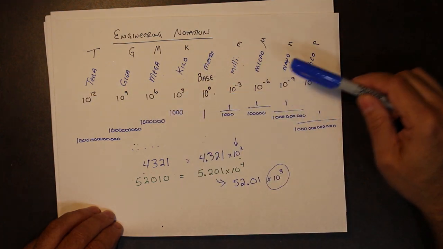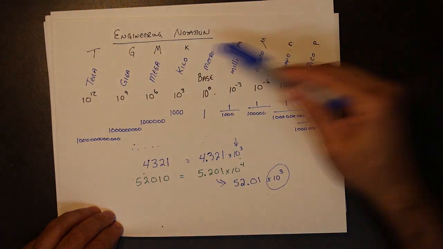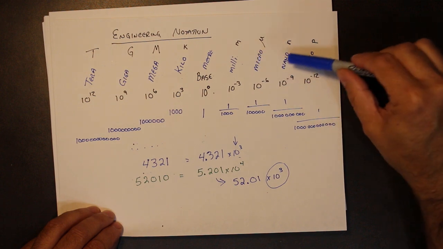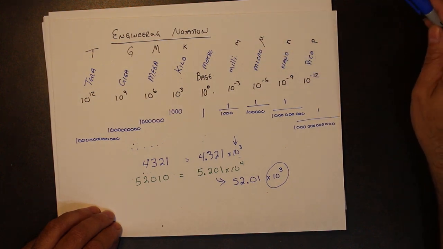Engineering notation goes hand in hand with prefixes. So tera, giga, mega, kilo, milli, micro, nano, pico. Those are the prefixes.